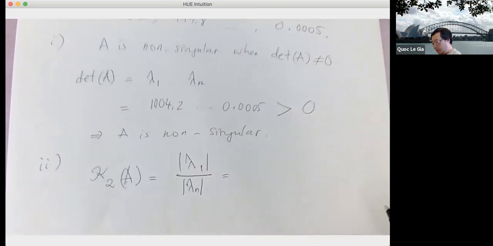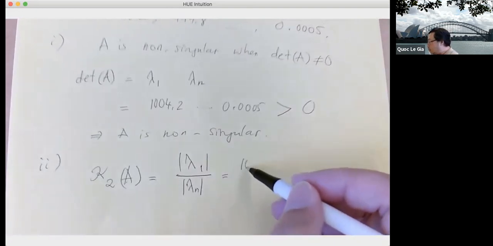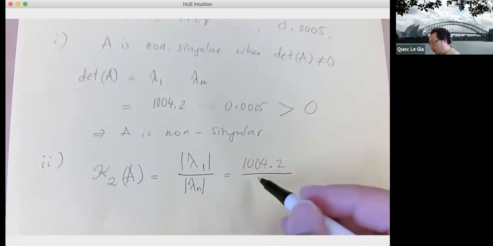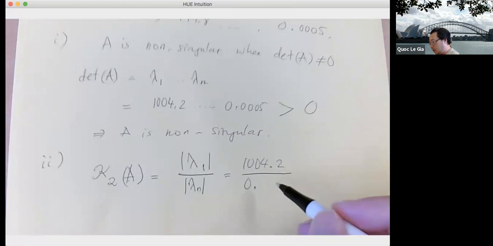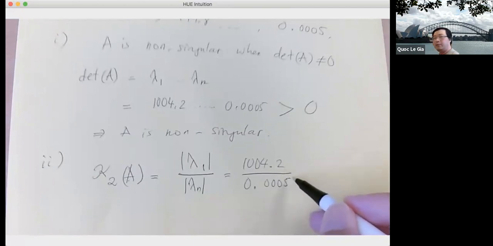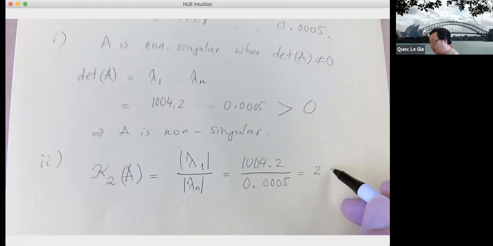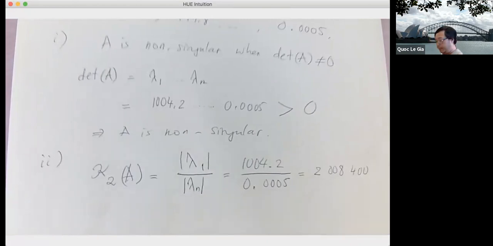The maximal eigenvalue is 1004.2, and the smallest eigenvalue is 0.0005. You plug into MATLAB or your computer, and you get 2,008,400. So that can be done.